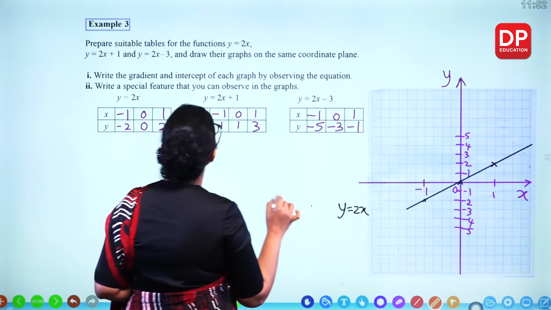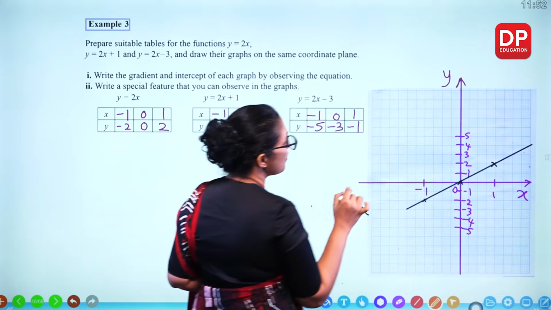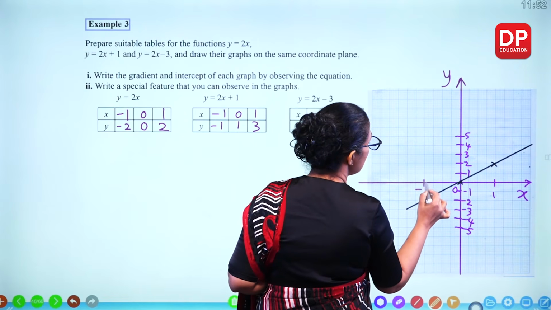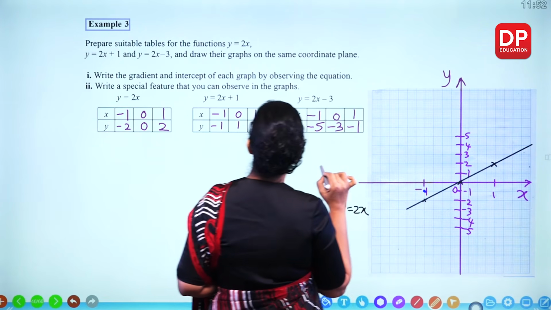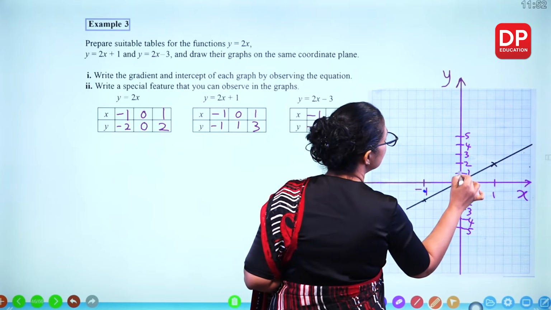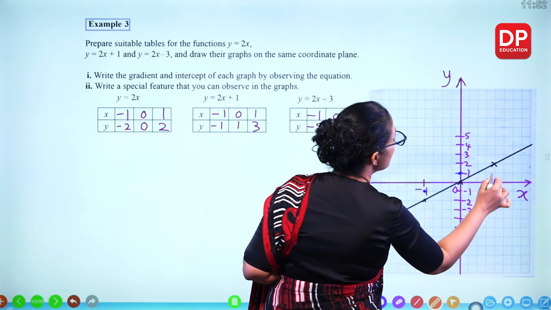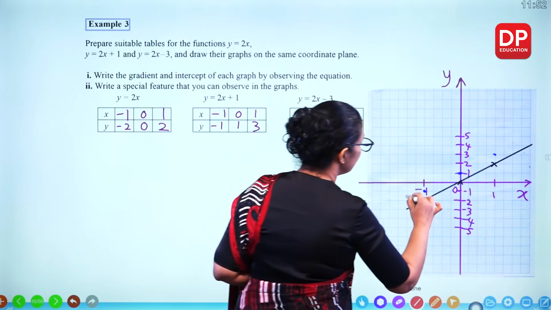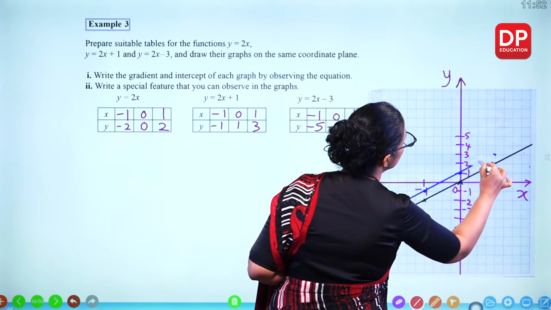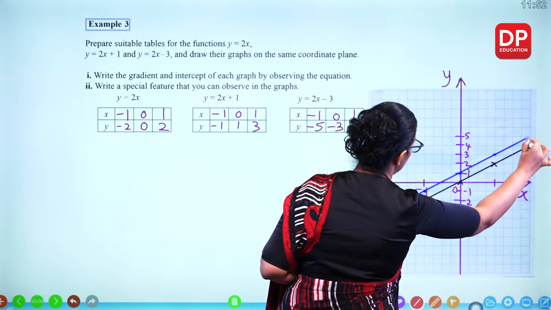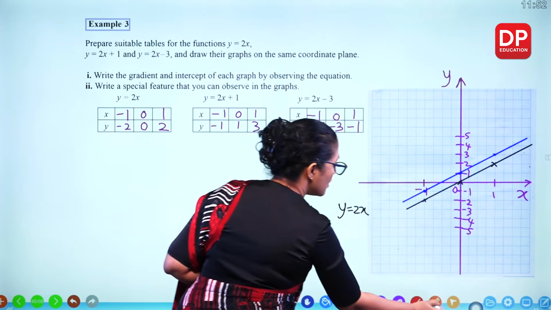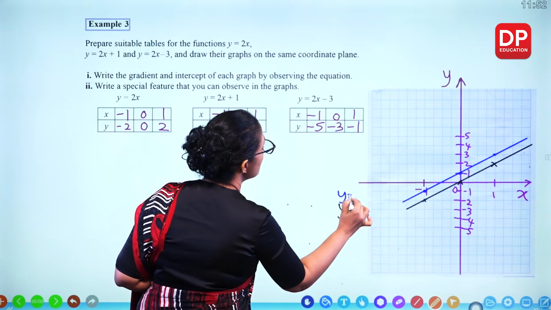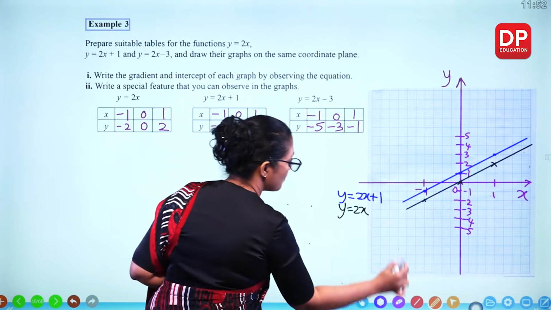Next one, y equals 2x plus 1. -1, -1. 0, 1. 1, 3. Connect. You get this graph. Now take the last one. So we'll label it. This is y equals 2x plus 1.